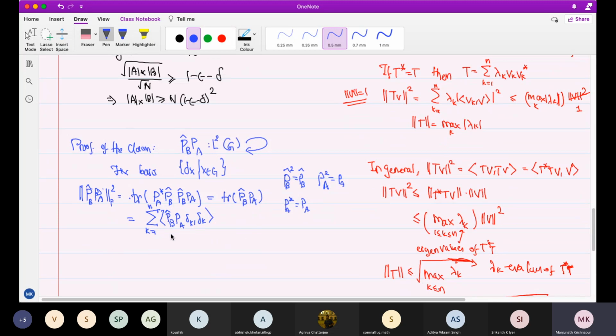Now, what is P_A delta K of any, let's call it J, what is it? It is 1 if K belongs to A and 0 if K does not belong to, sorry, one second. What am I saying?